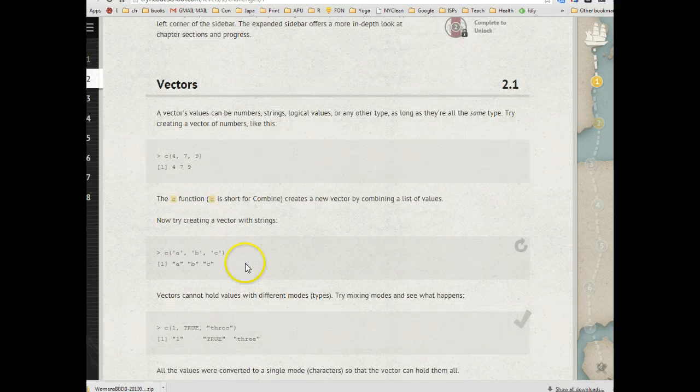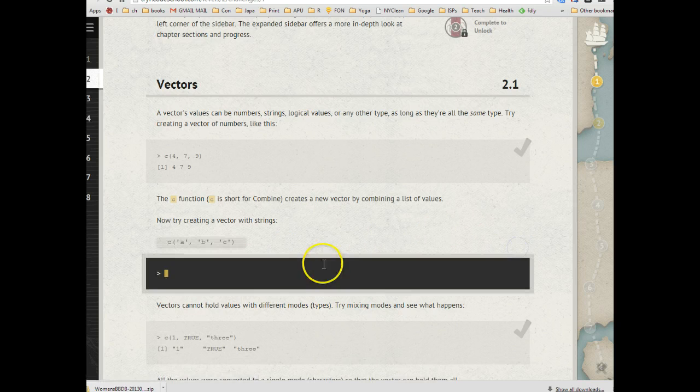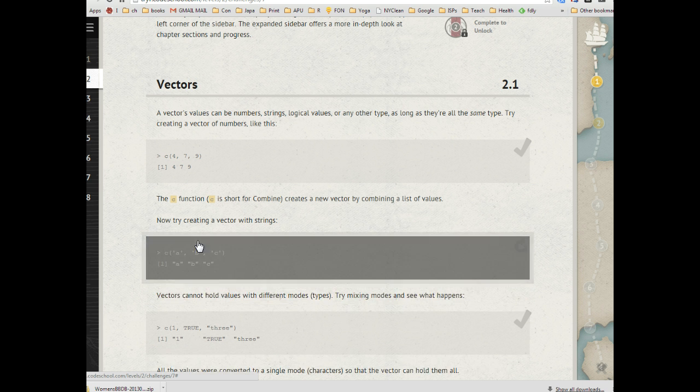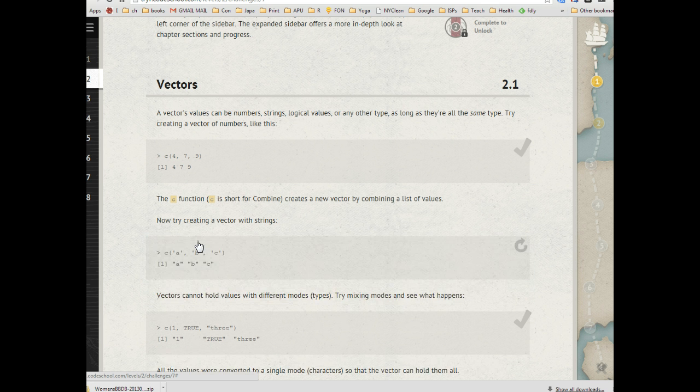Either way, it's this function, C. And you can also do this, and this is a vector not of numbers, these are strings. So you do that, and you get a vector of strings. Okay? Any question about that?